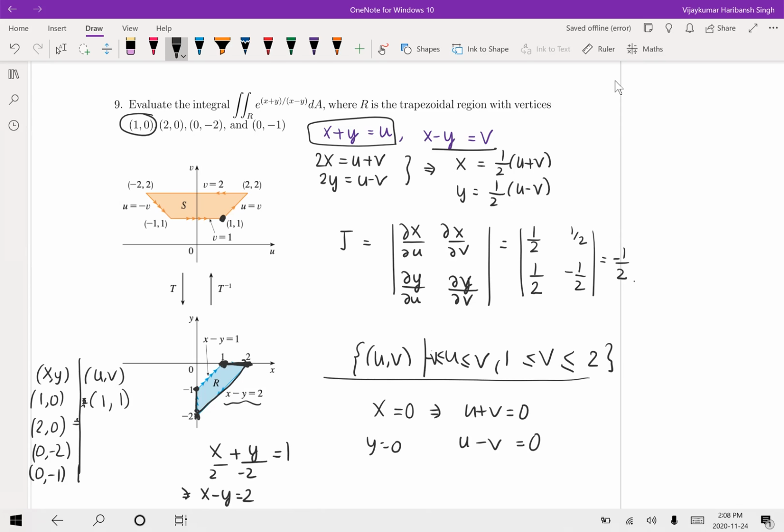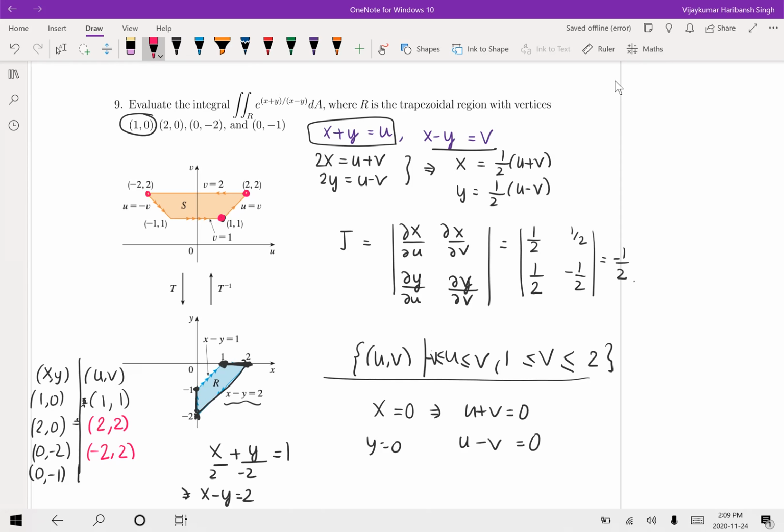So we got it here. When x is 2, 0, you get x plus y as 2, and x minus y as 2, so you get the point 2, 2. Then 0, minus 2: x plus y is minus 2 and x minus y for v is going to be 2.